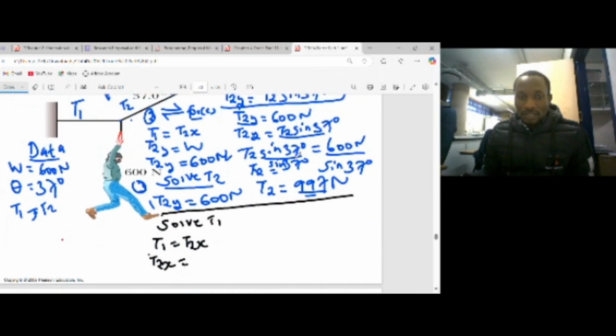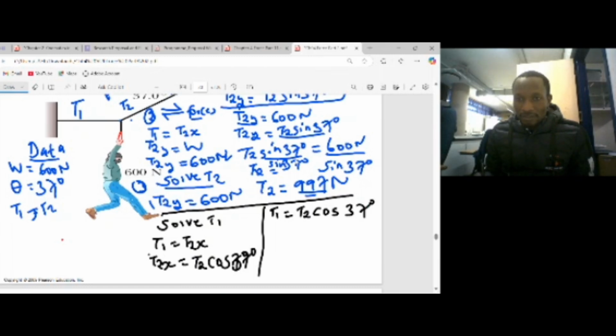So we're gonna say T2x is given to be T2 cos 37 degrees. From there, we can proceed and say, instead of writing T1 is equal to T2x, we can say T1 is equal to T2 cos 37 degrees.